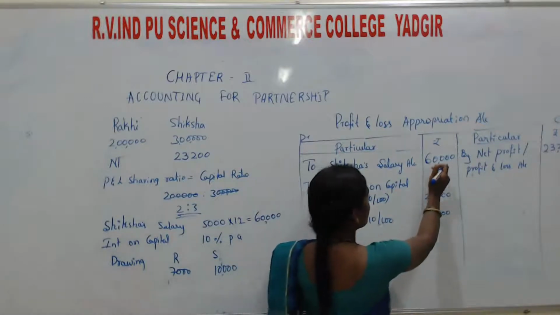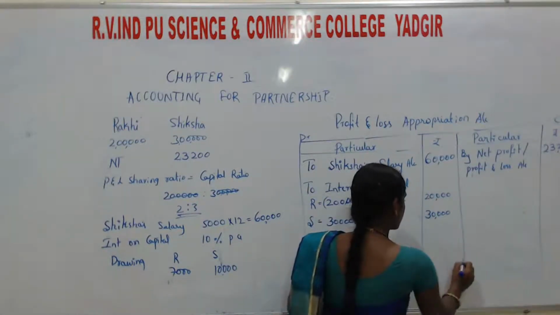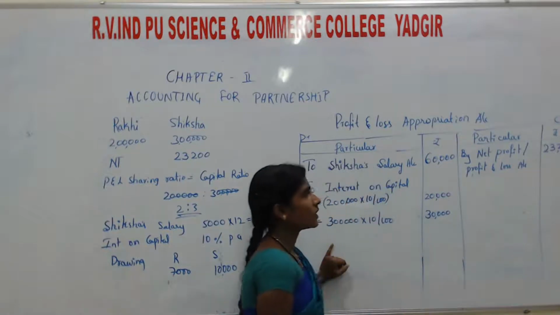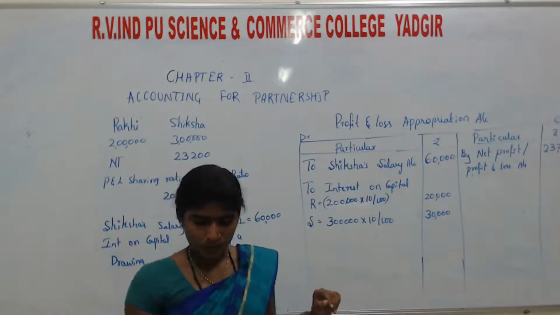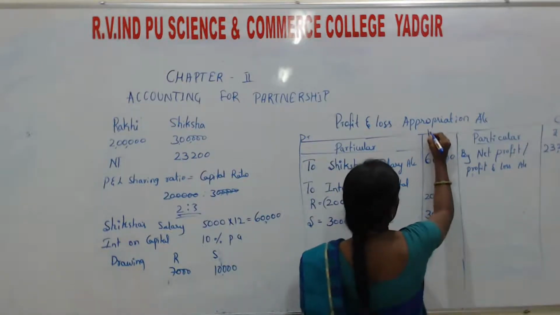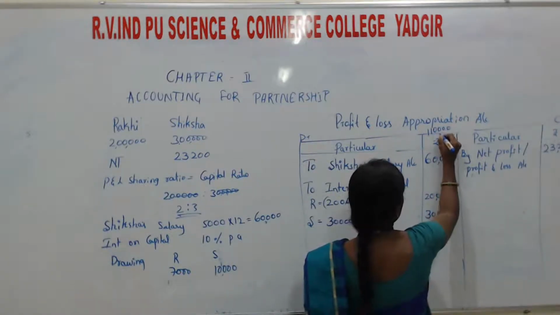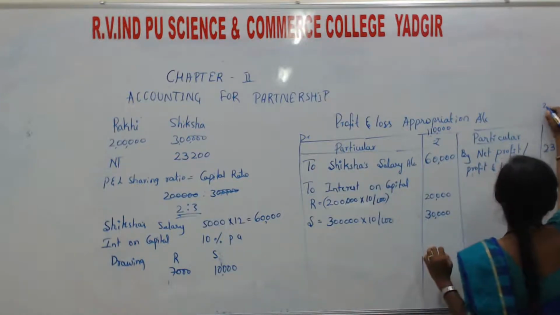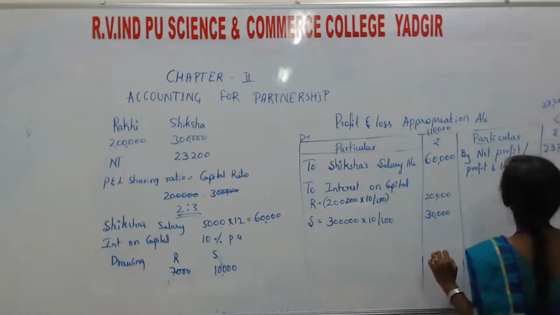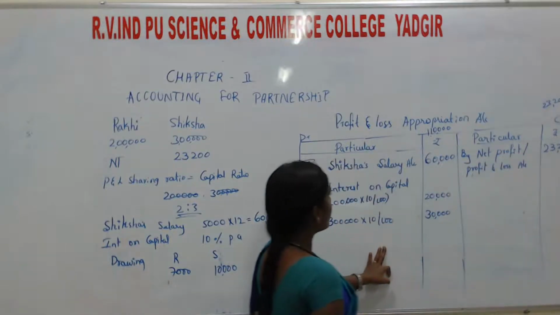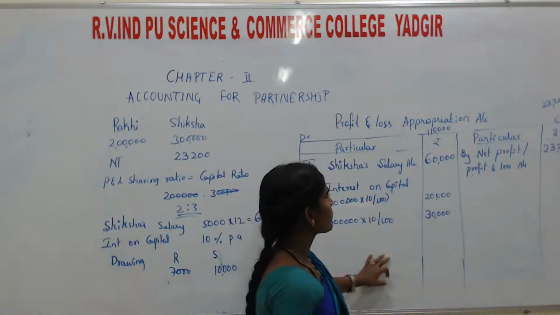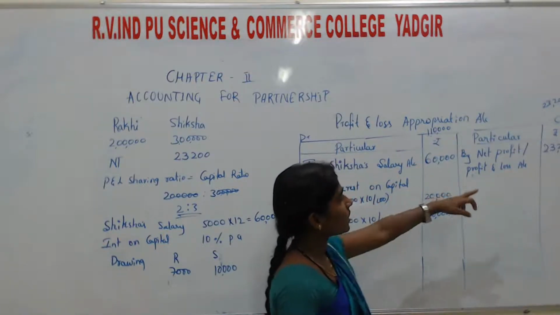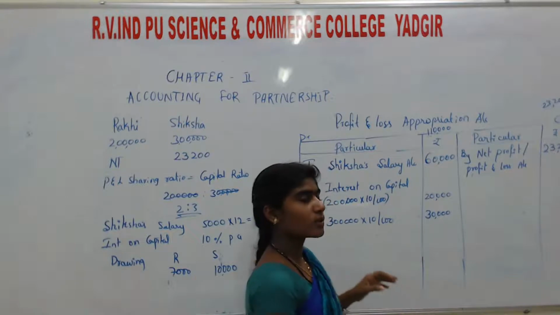See, 60,000, 20,000 plus 30,000, total 1 lakh 10,000 on the debit side and 23,200 on the credit side. Expenses are 1 lakh 10,000 and income is only 23,200.